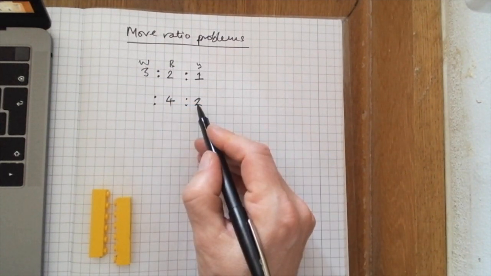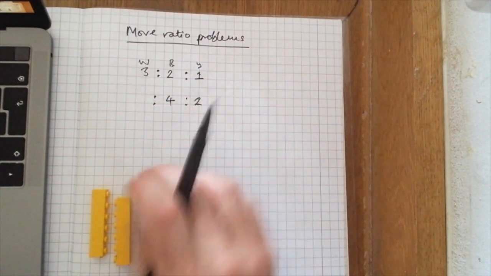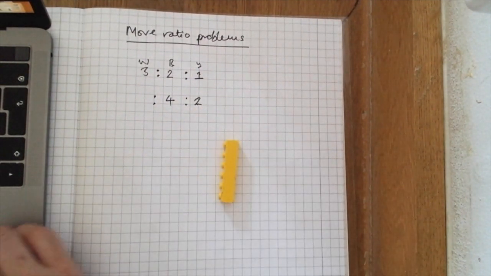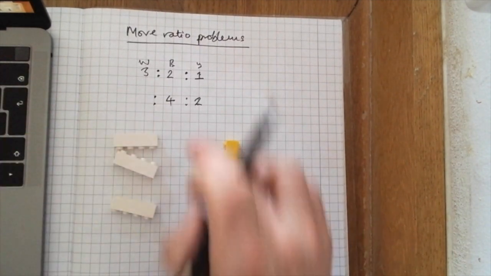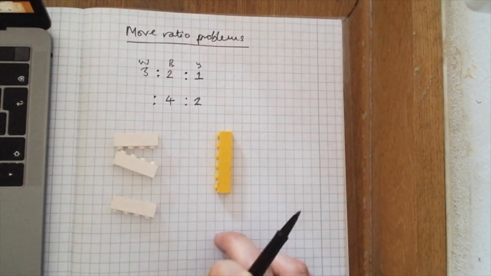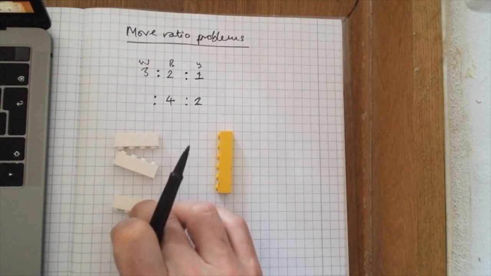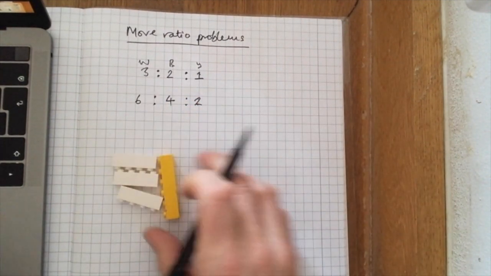For every 1 yellow, I would need 3 white blocks. So for every single time there's 1 yellow, I'm going to have 1, 2, 3 white blocks. So when I've got 2 yellows, I'm going to have 1 yellow, another yellow, and then another 1, 2, 3. So I would have 6 white blocks there.